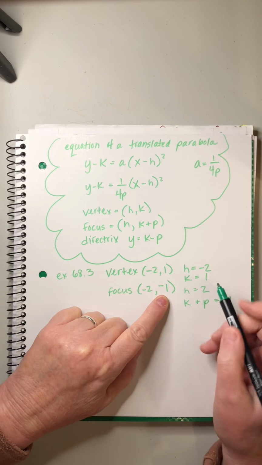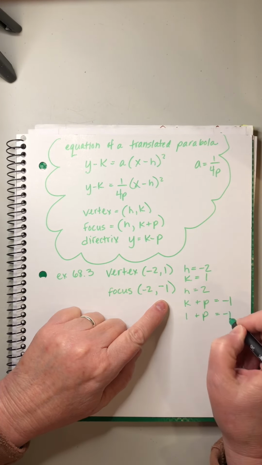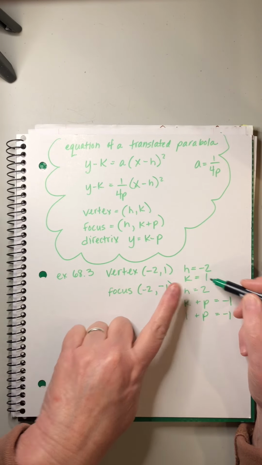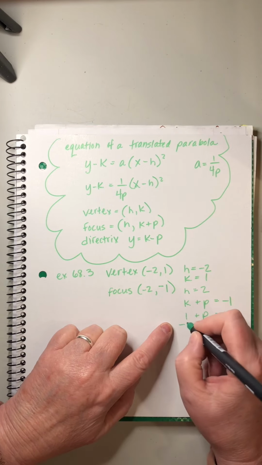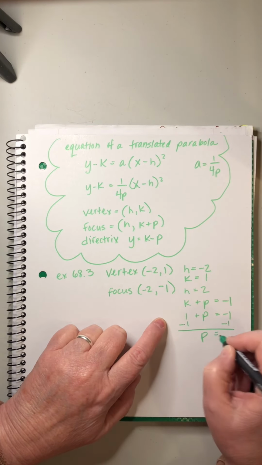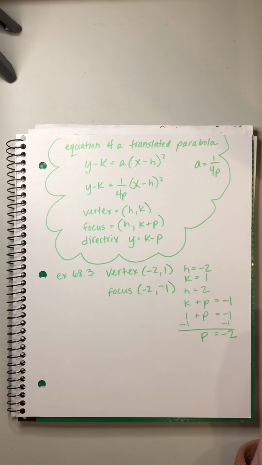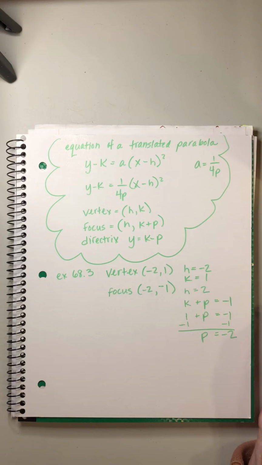We know that k is 1, so 1 plus p equals -1. So I substitute it in here. I subtract 1 from both sides, and I get that p equals -2. So now I've got that number figured out as well.